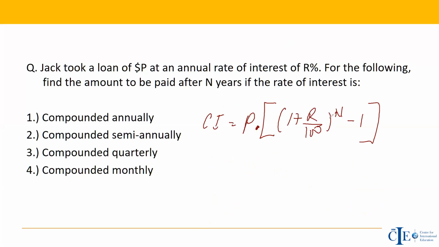This whole bracket doesn't have a practical inference; what would that stand for? But we can call it a constant K. It's only K times P. So compound interest is only proportional to principal. You can say CI is directly proportional to P, but not to R, not to N.